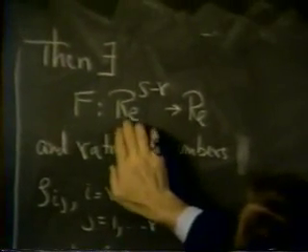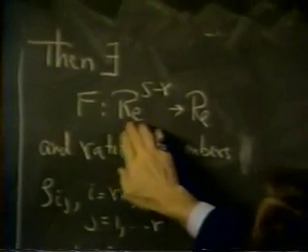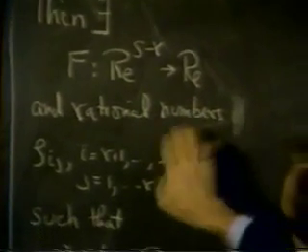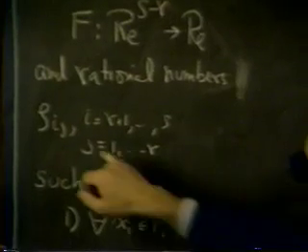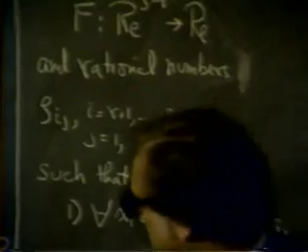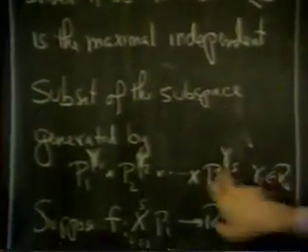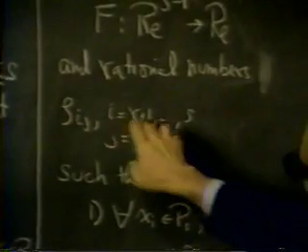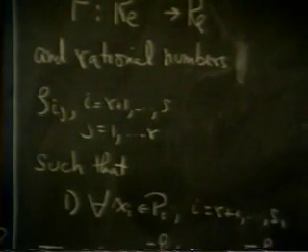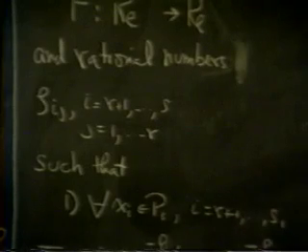So we have a function from that Cartesian product of reals into the reals, and a system of rational numbers, rho sub ij, where j runs over the set of dimensions that spans this subspace, namely 1 through R, and i runs over the remaining ones that aren't in that basis for this subspace.